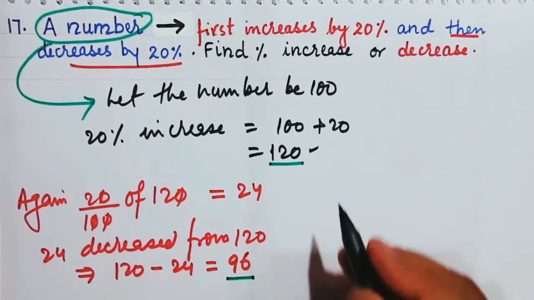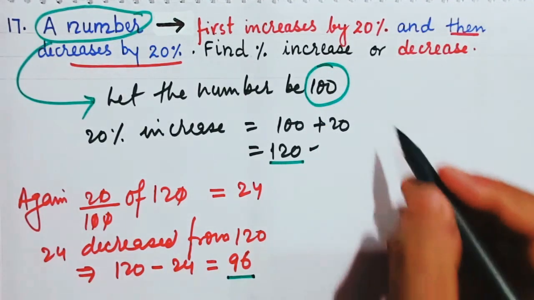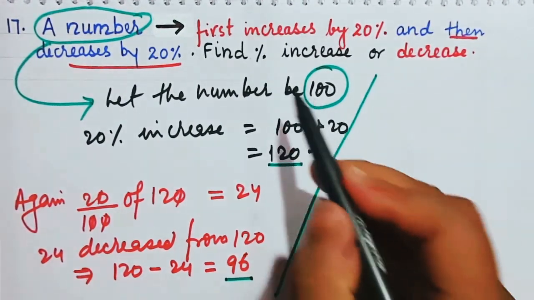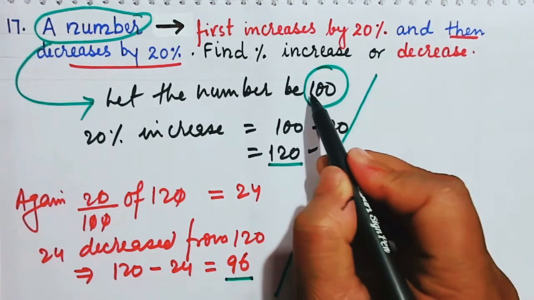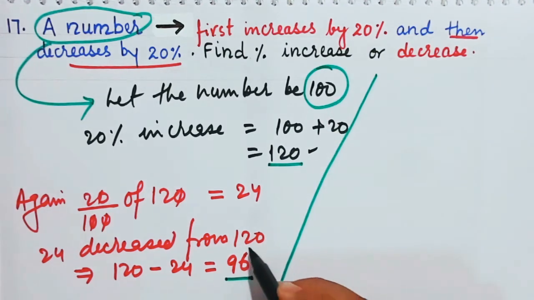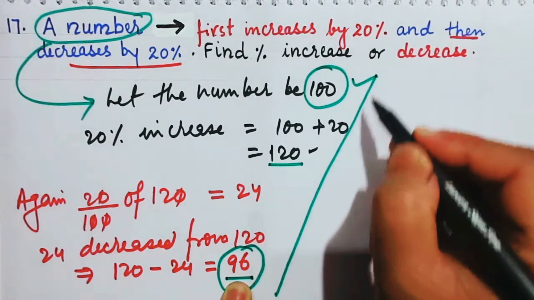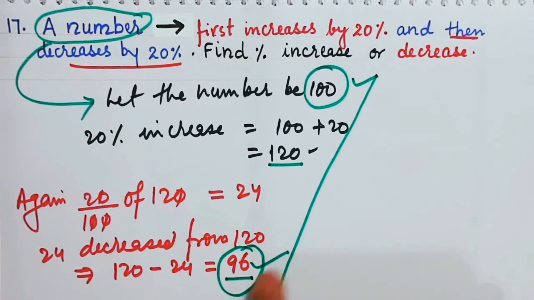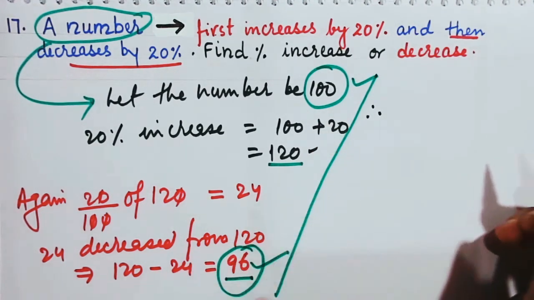Now, what was your original number? This was your original number. They are asking you to find the percentage increase or decrease. The original value was 100, and after increasing and decreasing, I am getting 96 as the final value. Now you only judge whether there is increase or decrease. I find that there is a decrease in the value.